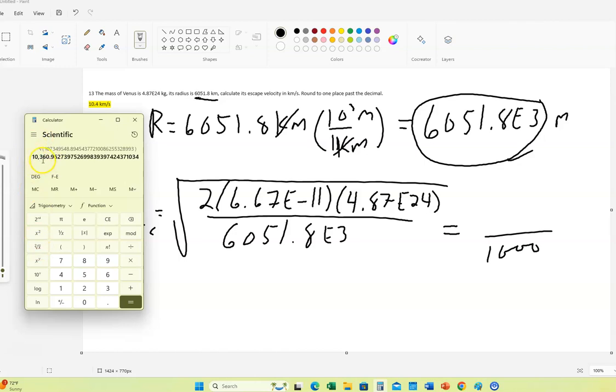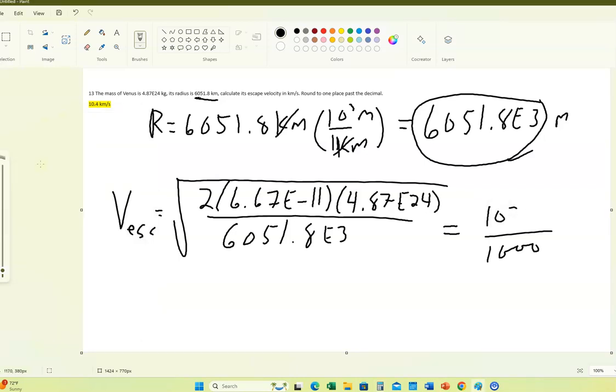So 10,361. It doesn't really matter because we're not rounding that far. There's supposed to be a 6 in there. All right, and then, of course, we divide that by 1,000. The answer in the numerator, that's when you just do the raw calculation, would be in meters per second.